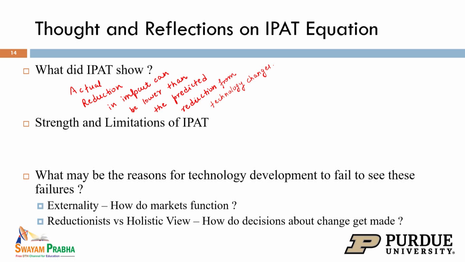The second one is reductionist versus holistic view, which means that if you are changing a technology or developing a technical system, how do decisions about the use of that technology change, or how do the decisions surrounding the ecosystems that support that technology change. So we will look into what externality means and what the reductionist versus holistic view is, which leads to changes in one part not translating into actual impact in the overall system.